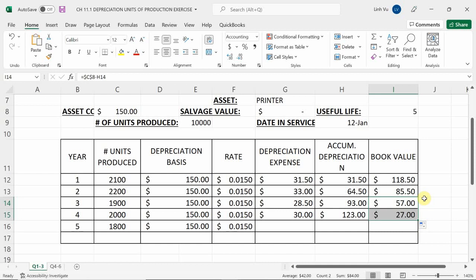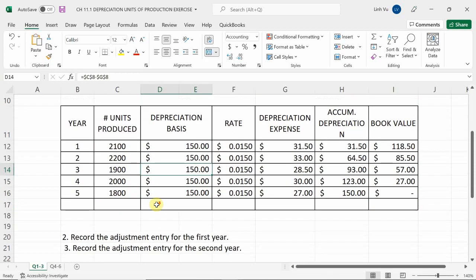Last but not least, on year 5, I produced 1,800 pages. So what is going to be my depreciation expense? $27. Okay. So what's my accumulated depreciation? 150, which will give me my book value to equal 0, which is equal to my salvage value.